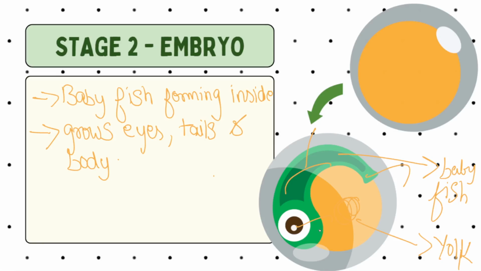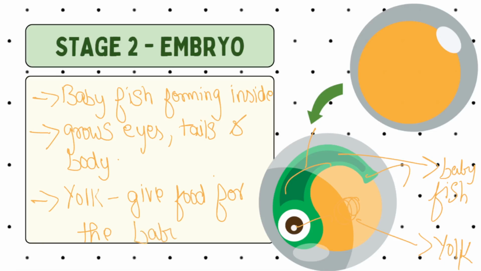Yolk, which is yellow in color, gives food for the baby fish. Done? Right? So this is stage 2, embryo.